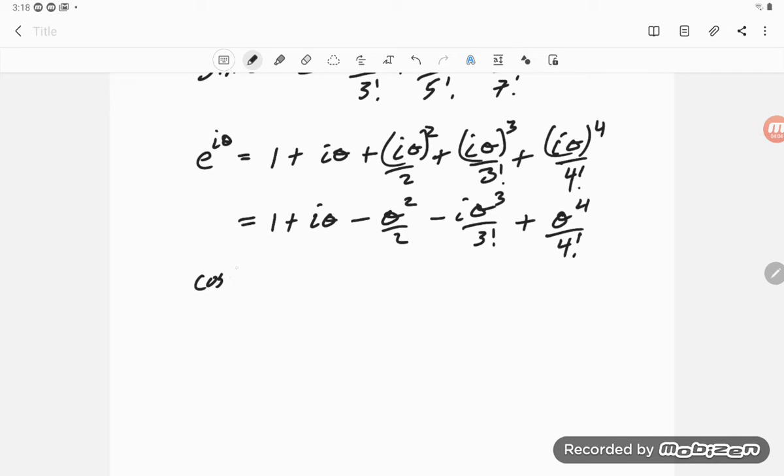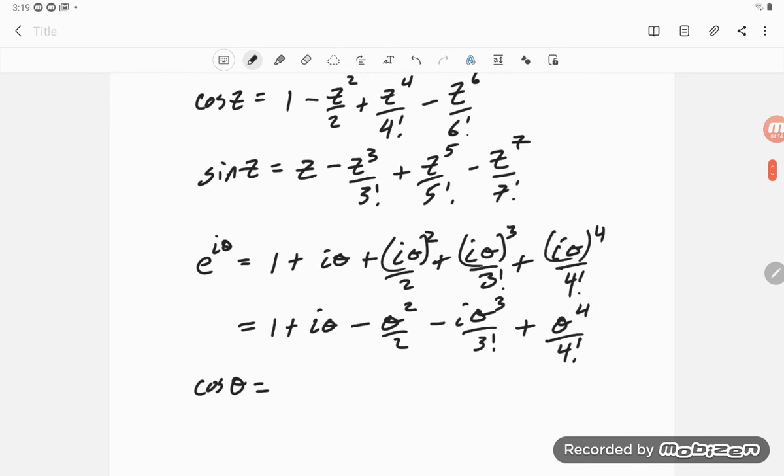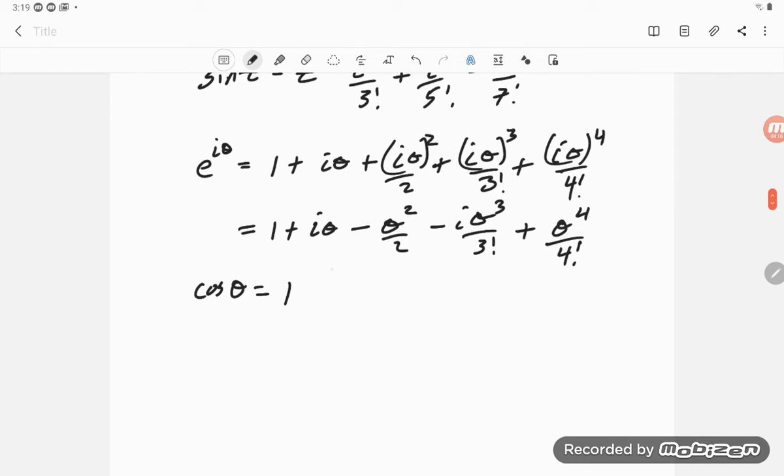Okay, so there's e to the i theta. Cosine theta, there's no secret there. That's 1 minus theta squared over 2 plus theta to the 4th over 4 factorial, and then minus theta to the 6th over 6 factorial. Nothing going on there.